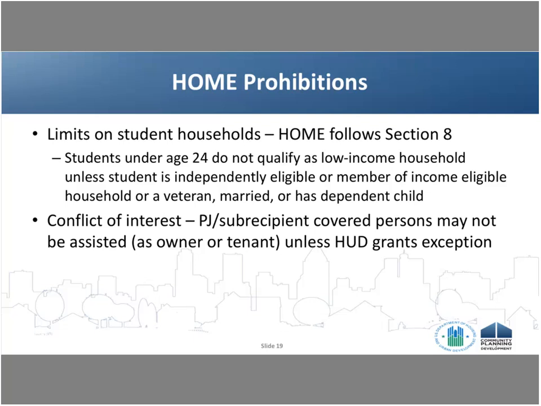Same thing at the subrecipient level. Let's say we have a community action agency that's acting as a subrecipient to manage an emergency TBRA program. Even one of the CA's Head Start employees is presumed to be conflicted. Now, there is a process by which HUD can approve, on a case-by-case basis, waivers of the conflict of interest rules when it determines that the exception will serve the purposes of the program.